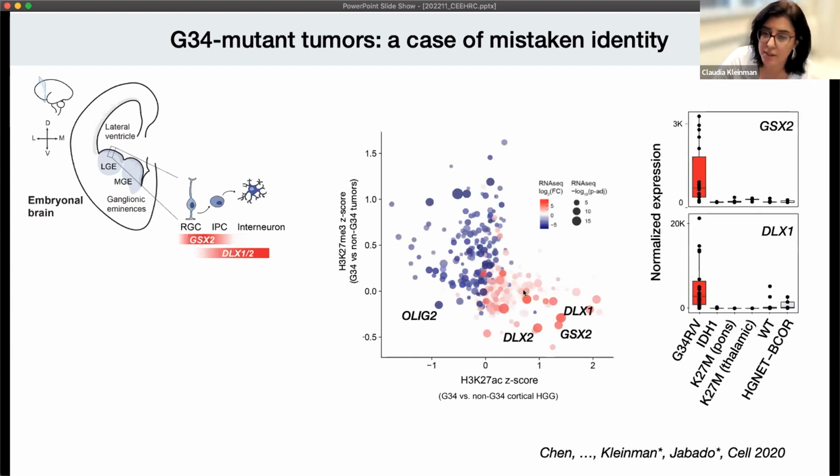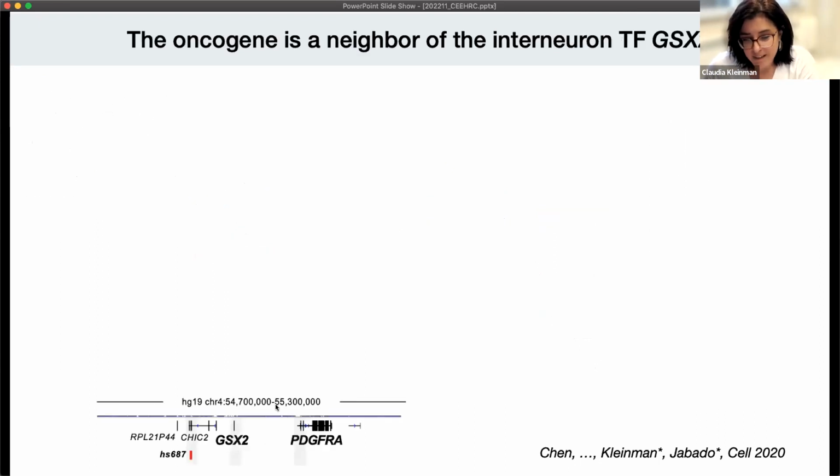The epigenome and transcriptomic profiles of the tumors mirror and match this hierarchy of transcription factors, with activation of these genes that are causal to fate commitment. And what happens is that these transcription factors are next to the oncogene, which provides an opportunity, specific to this lineage, to co-opt this oncogenic pathway.